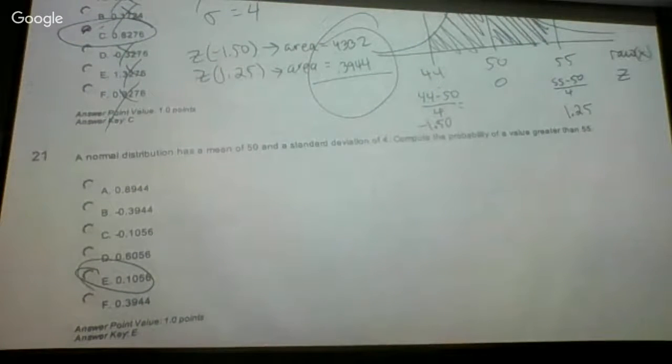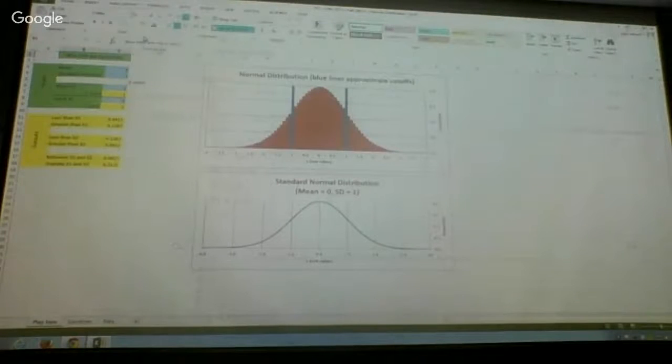By the way, quick aside, for those of you who have spent any time at all working with this workbook that I put together, you can do all the same stuff that we've been doing.